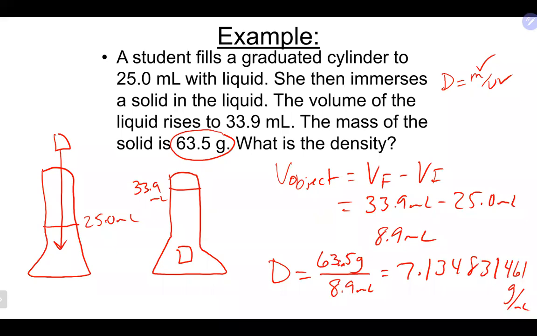Answer should end up at, the final thing we did was divide, right? And we took 3 significant figures divided by 2, which means our answer should end up at 2 significant figures. So we should end up at 7.1 grams per milliliter in this case.